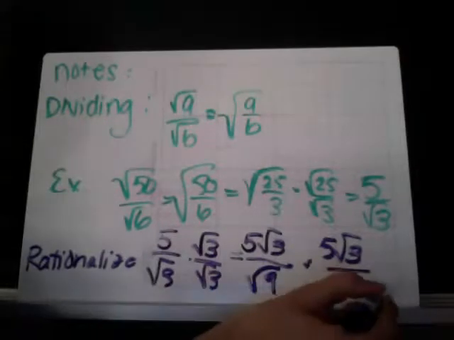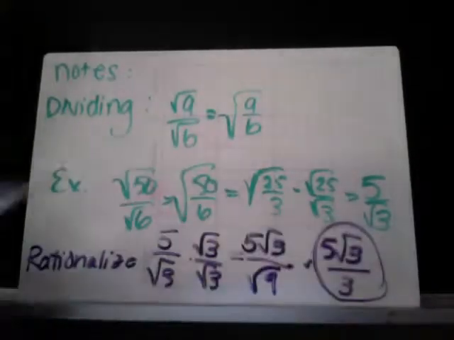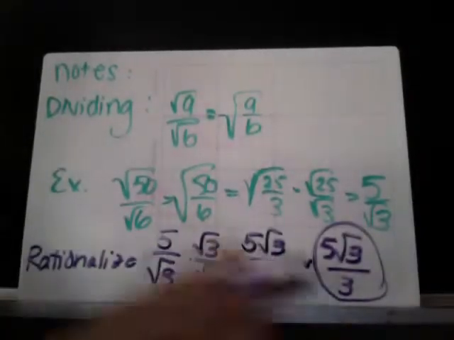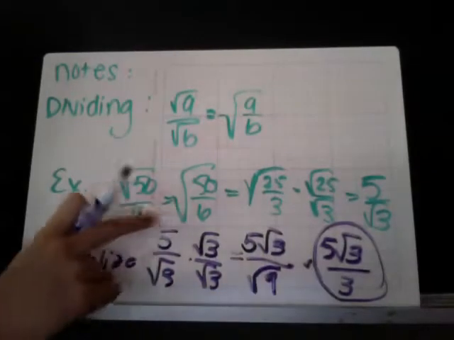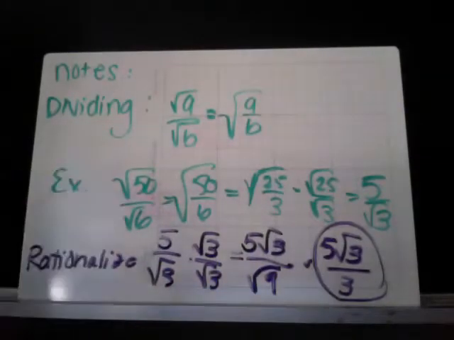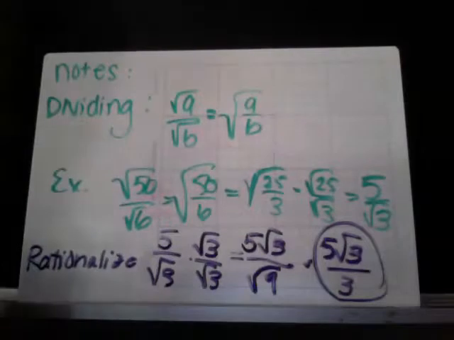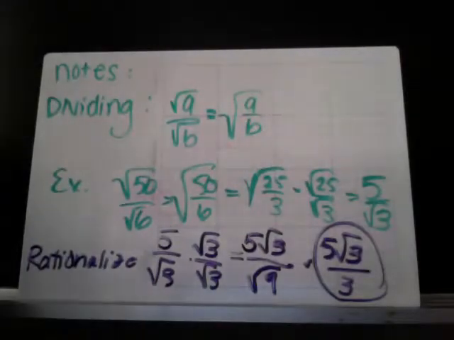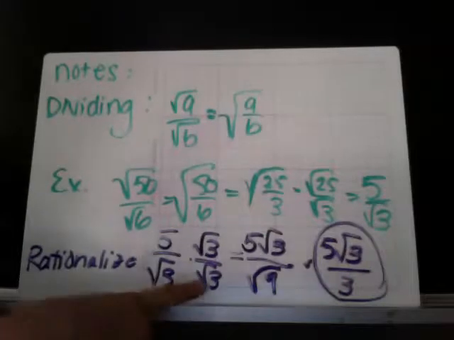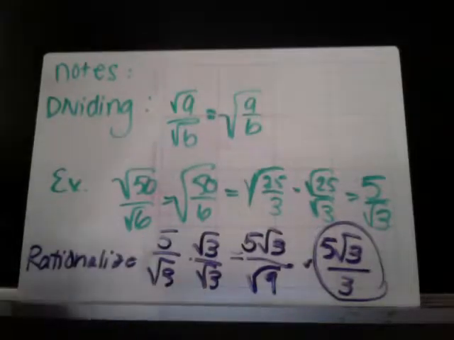So they're not like terms because one is under the radical and one is outside of the radical. So this is actually the final answer for simplifying or dividing the square root of 50 divided by the square root of 6. So again, no radicals in the denominator. You have to rationalize that denominator, and that's this process here where you're getting that radical out of the denominator.